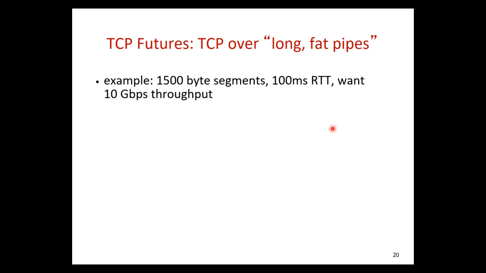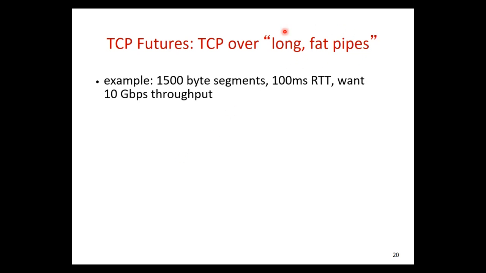Think of it like a pipe: you send something into the pipe, how much time does it take to exit? If you have a long pipe, it takes a longer time. Fat pipe simply means a pipe with a large diameter, meaning that you can send data at a high rate.